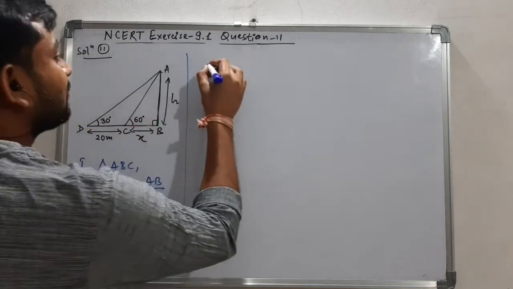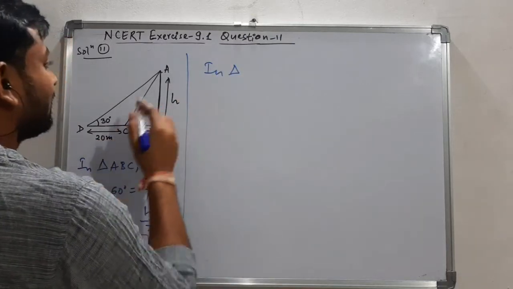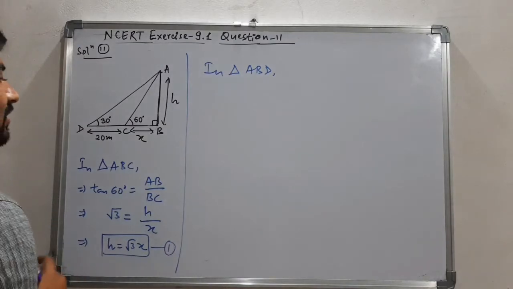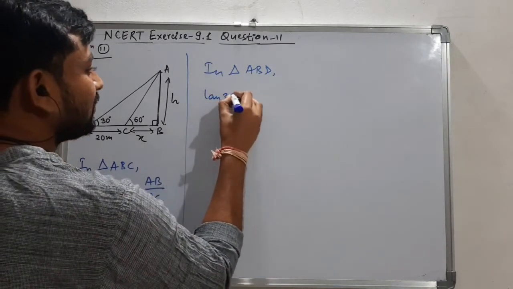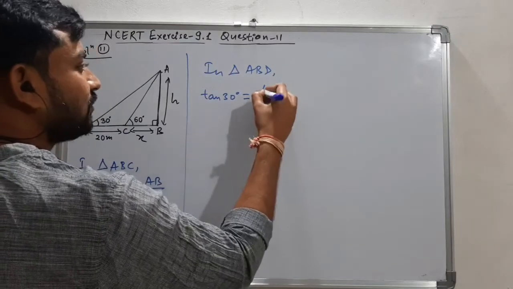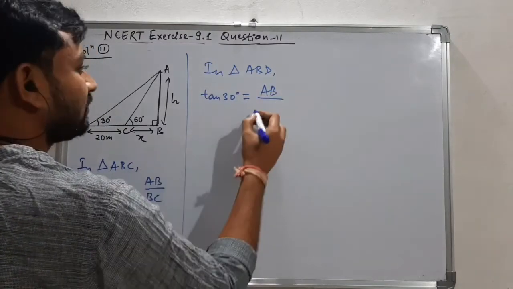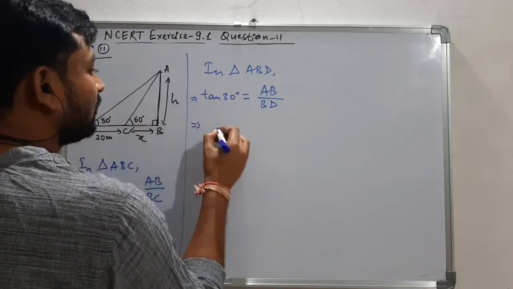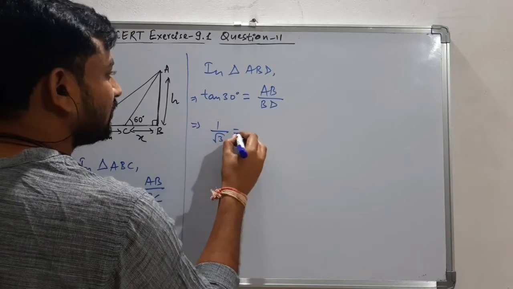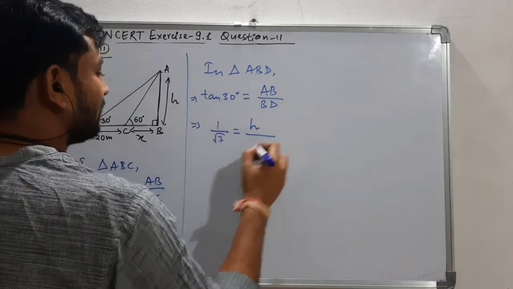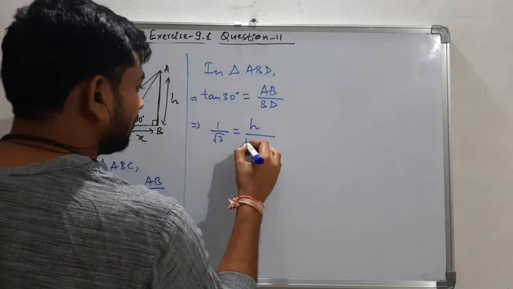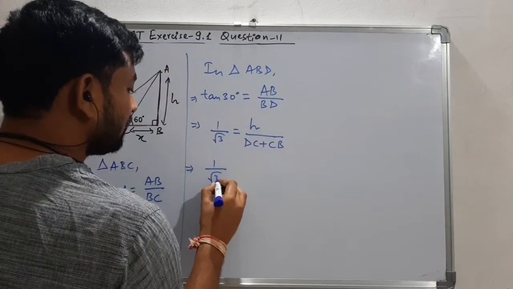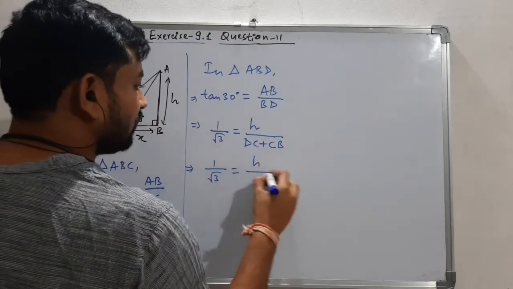Now let us come to the next triangle. In triangle ABD, if we consider this triangle, the angle here is 30 degrees. So tan 30 will be equal to the perpendicular, that is AB, upon base, that is BD. AB upon BD. So the value of tan 30 is 1 by root 3, equal to h upon BD, and BD is DC plus CB.